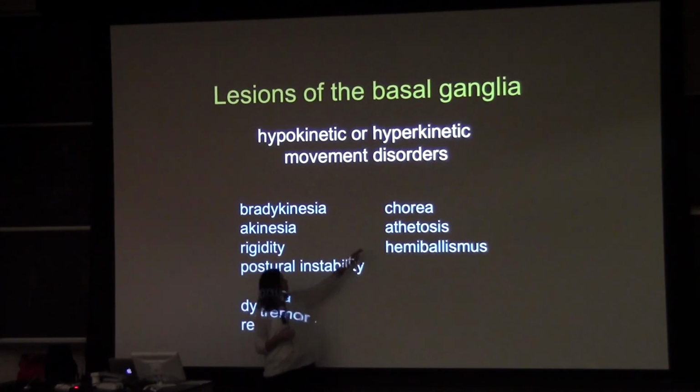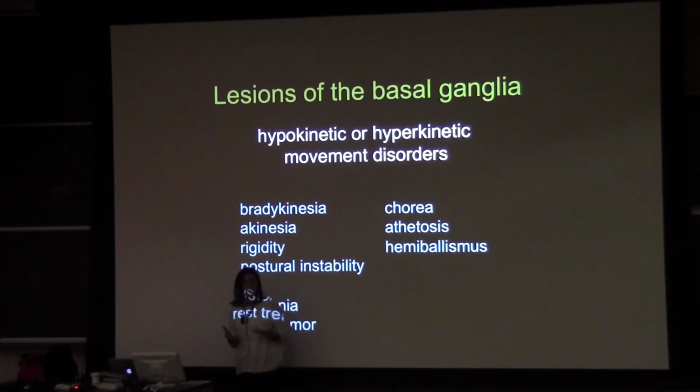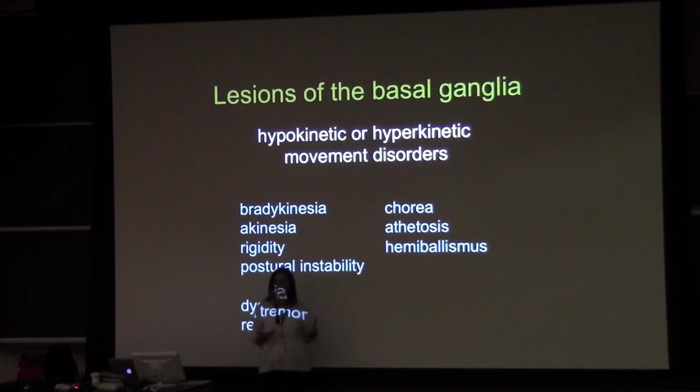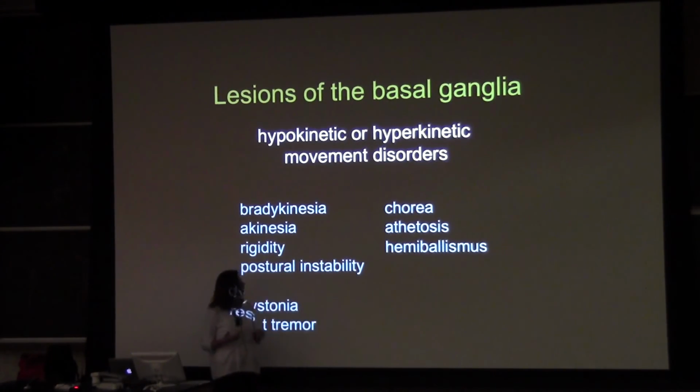They just come on. Athetosis is a slower form of this. It's a slow writhing movement. There are a lot of kids with cerebral palsy. How many of you have ever seen a child who has cerebral palsy? These kids sometimes have abnormal muscle tone, and you'll see that they have these writhing movements. That's an athetoid movement, and those are usually the kids that have damage that involves the basal ganglia.